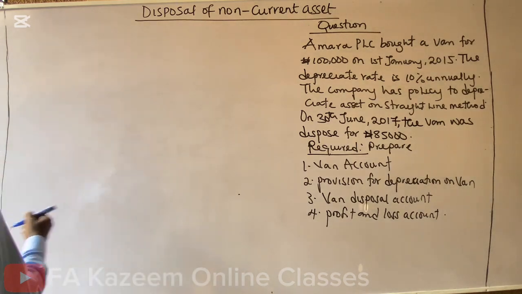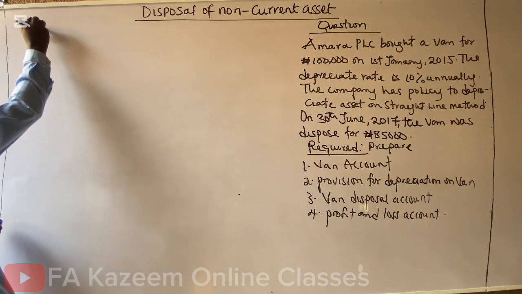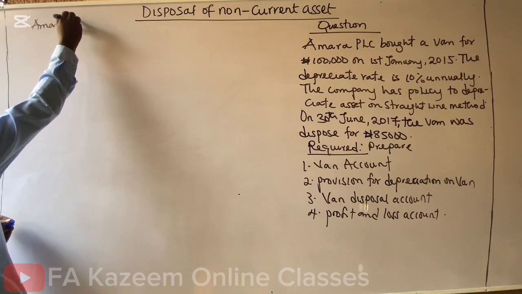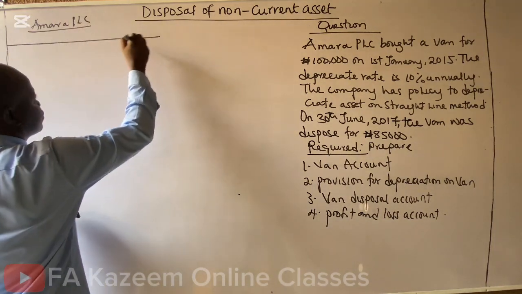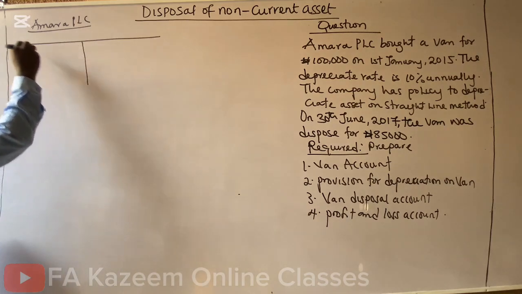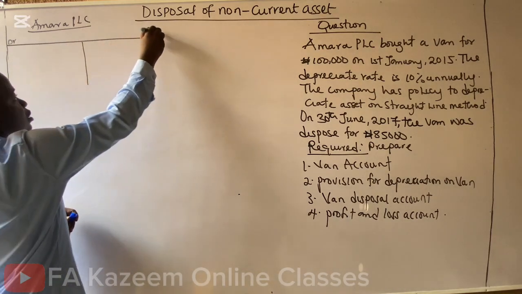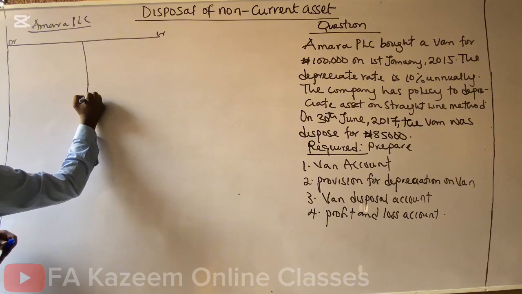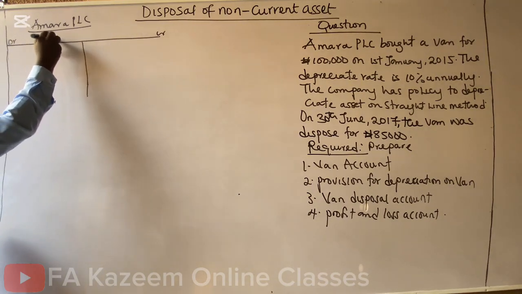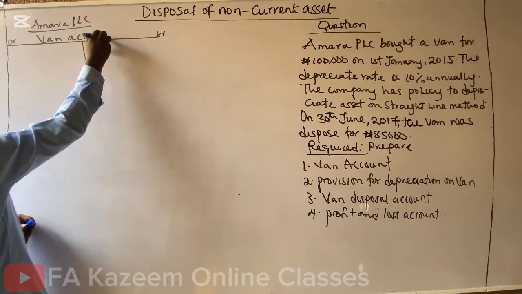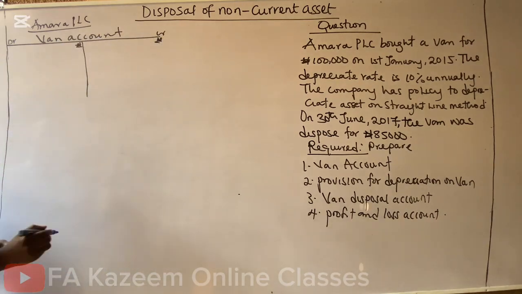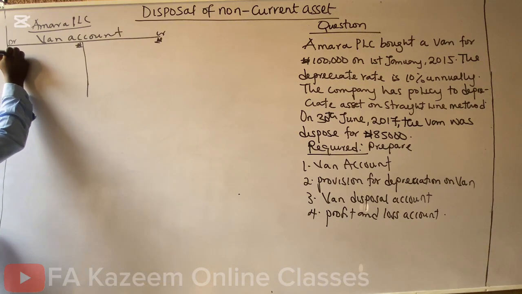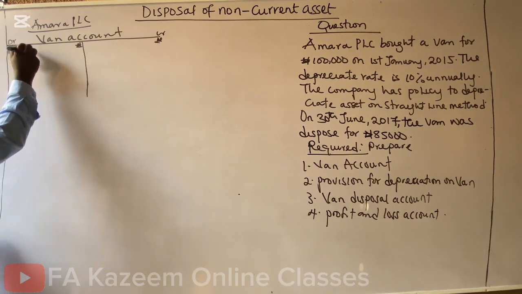The first thing we do is to say Amara PLC will prepare van account. Debit, credit. This van was acquired on 1st of January 2015.